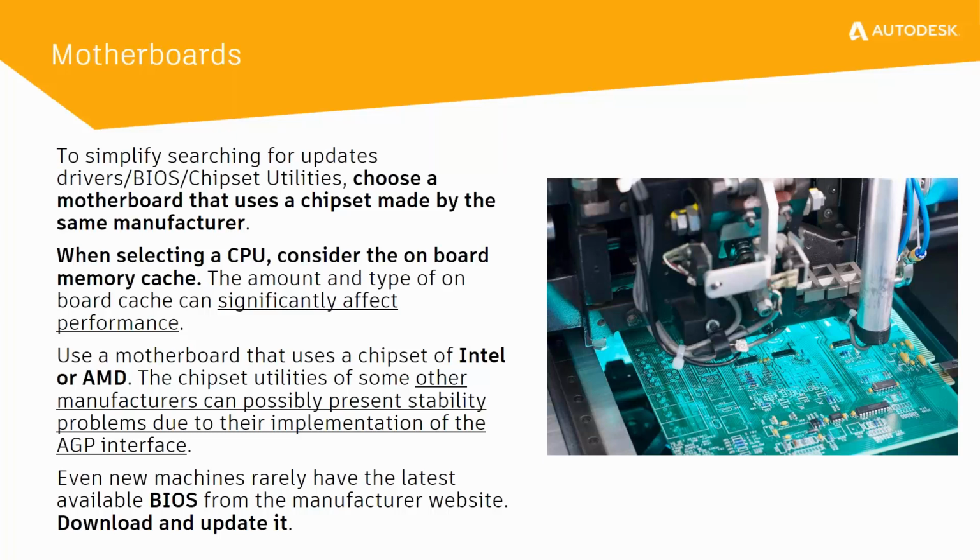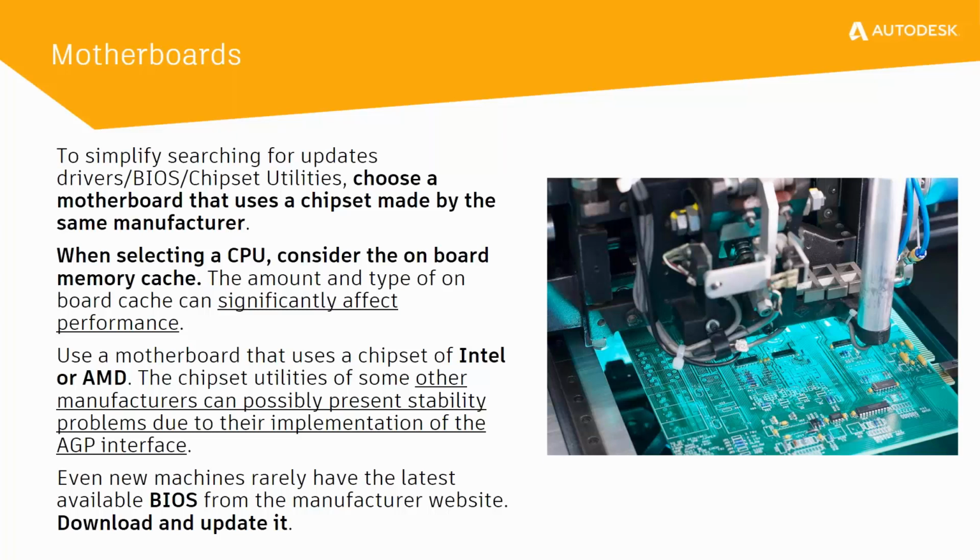So if you're getting an Intel CPU, then use an Intel-based motherboard. If you're getting an AMD CPU, then use an AMD-based motherboard. Also recognize that chipsets outside of this can be used, but they potentially might have stability issues, and often this can be associated with the AGP interface.